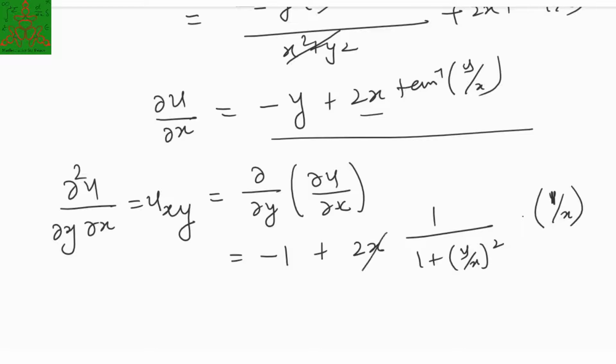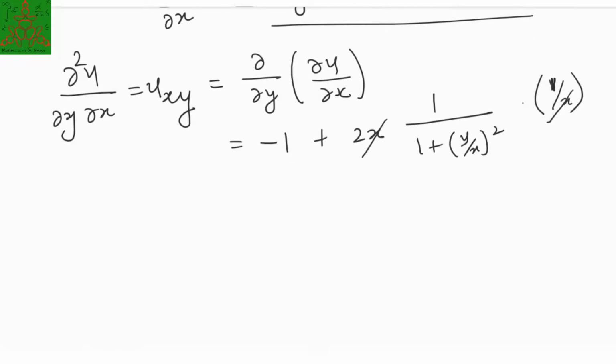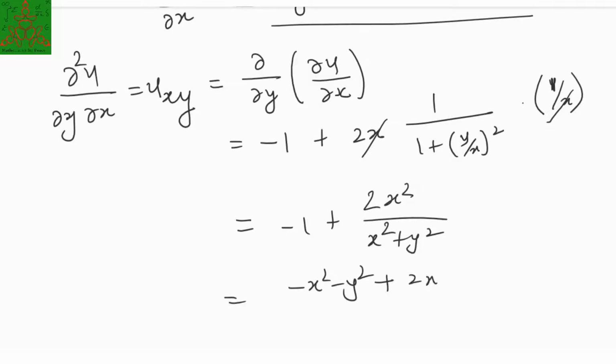If you take this x cancel out, and if you take LCM in the denominator, you will have minus 1 plus 2 times x square upon x square plus y square. Now if you take LCM here, it is minus x square minus y square plus 2 times x square upon x square plus y square.